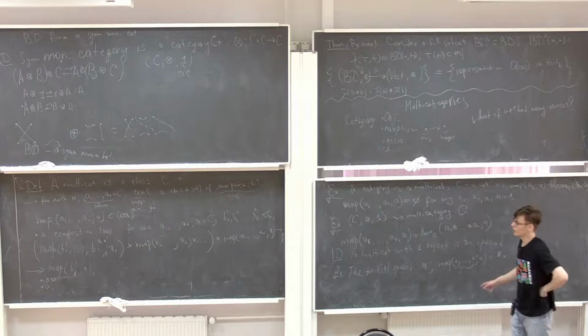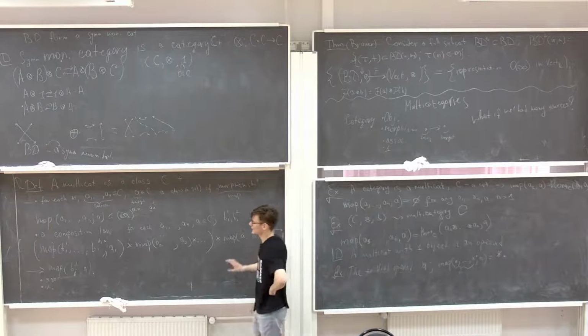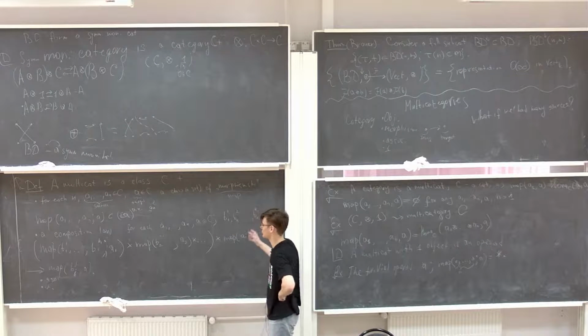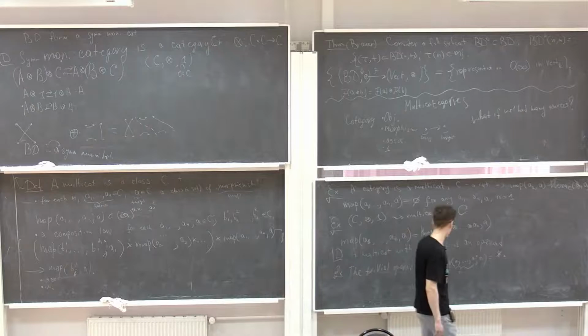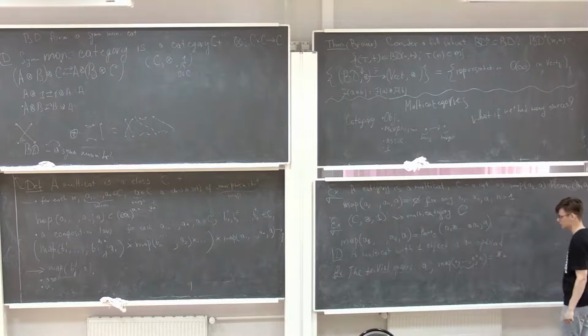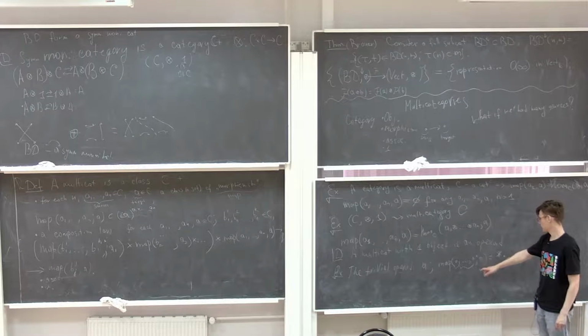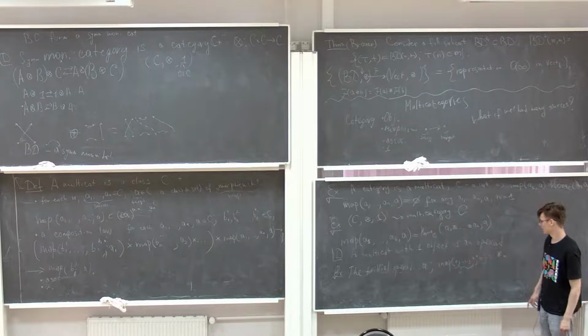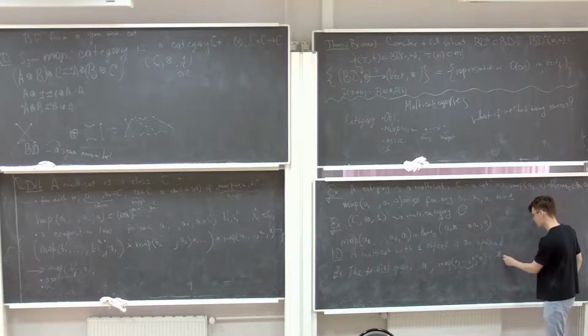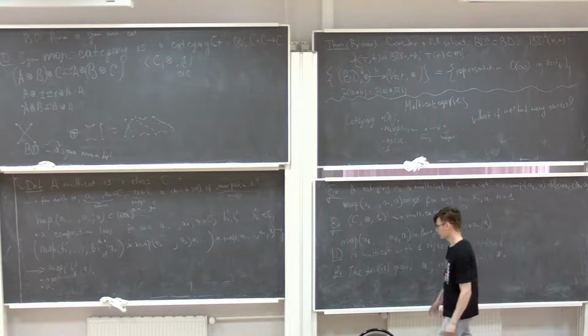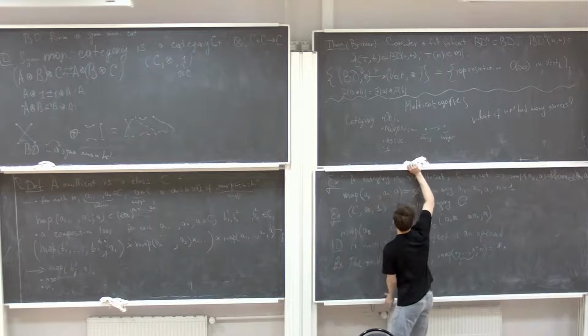Then all those axioms are clearly satisfied. There's just one way to define a composition law, and that's why this set of maps has a properly defined composition law. Okay, it's a trivial example, and now a non-trivial example.